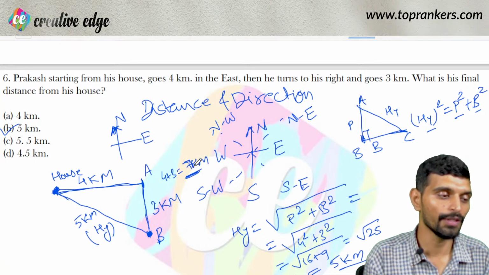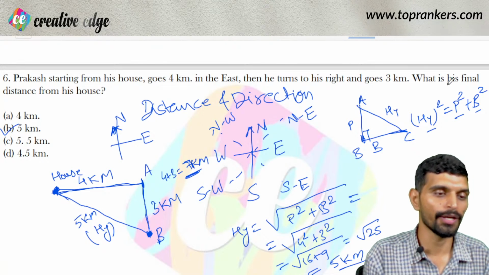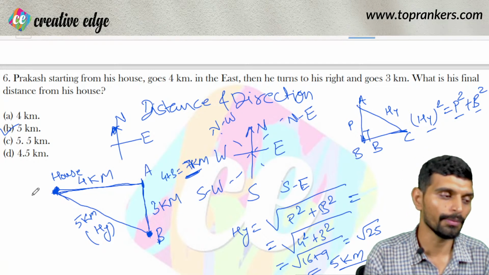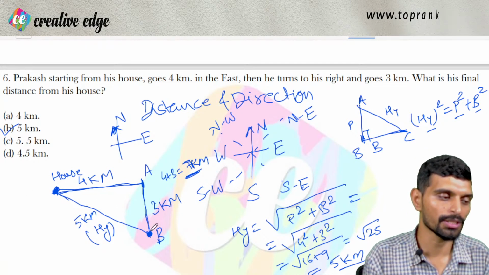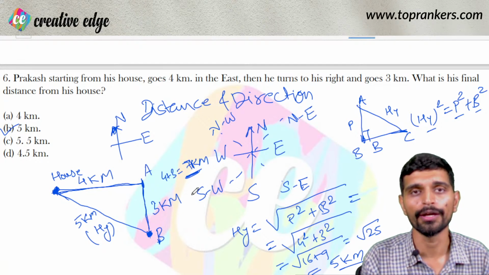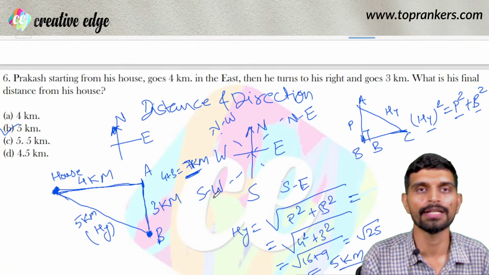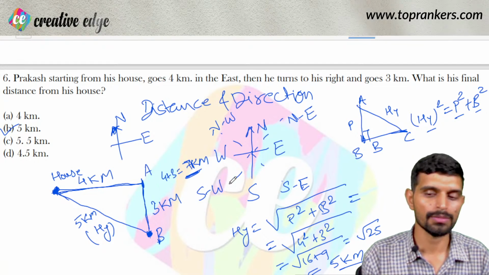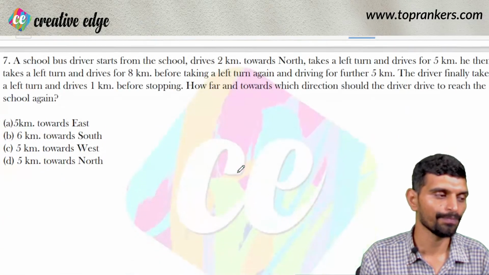So be careful with the question. If the question is the distance between the starting and final point, that will be the shortest distance between the initial point and the final point. And if the question is distance covered, then this will be the sum of all the distances that the person has covered. Alright. So let's move to the next question now.